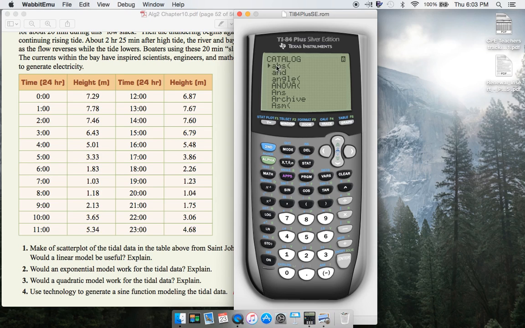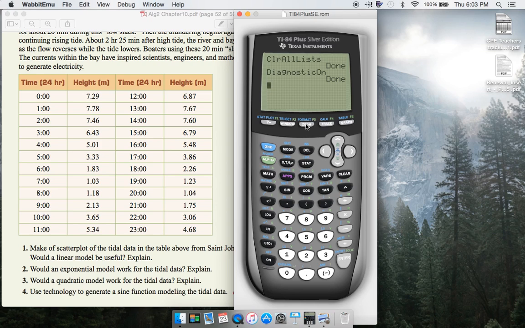I notice that it starts at A, and I want to go down to diagnostics, which is a D. I could just scroll, but that's going to take me a long time. So I'm going to press alpha and then this little button. Okay, there it went. Now I've skipped all the way down to D. If I scroll a little bit more, diagnostics on, that's what I want.